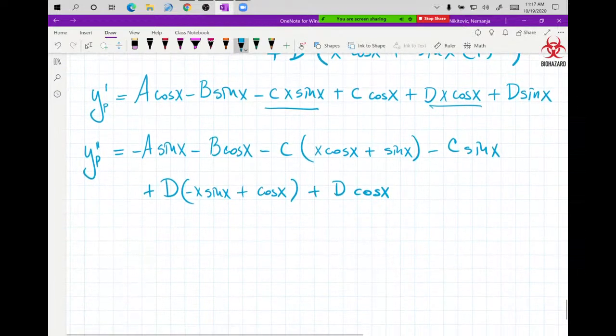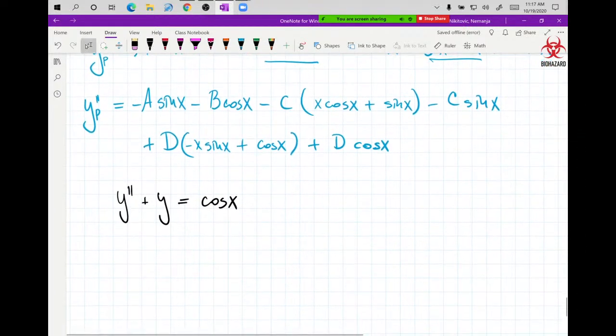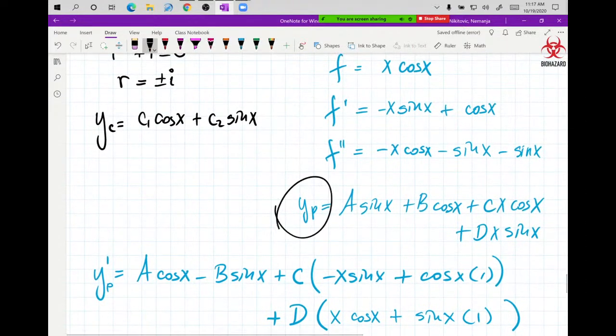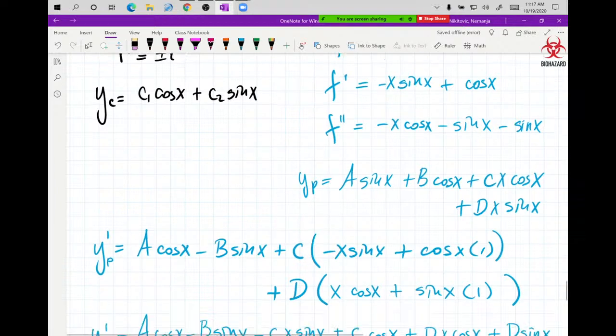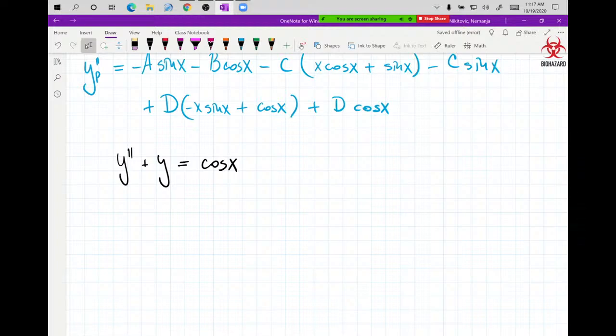All right, our equation to plug all of this mess in was y double prime plus y equals cosine x. So we have y double prime and we have y. So need to plug those two in and see what we get at the end.